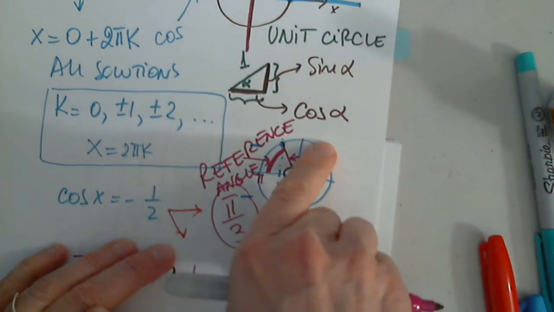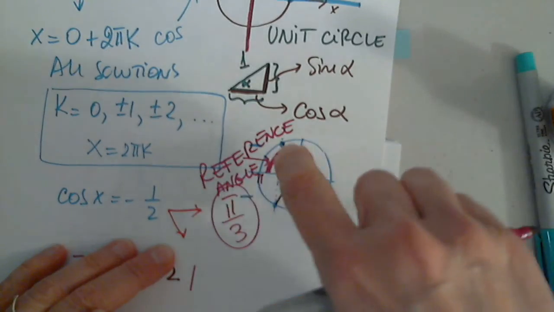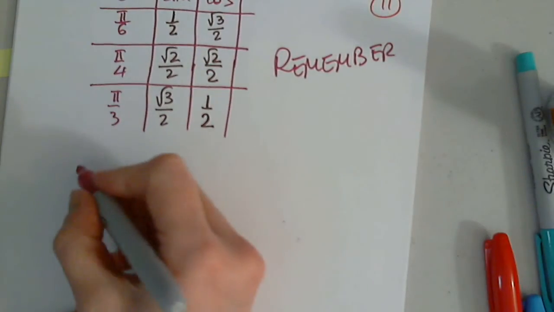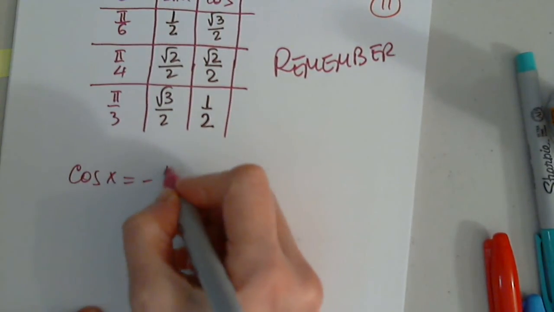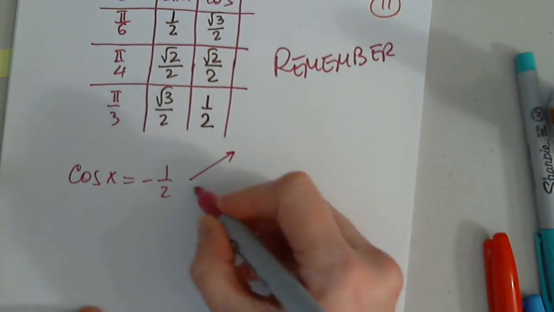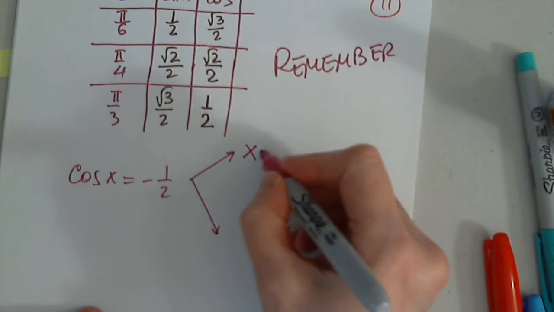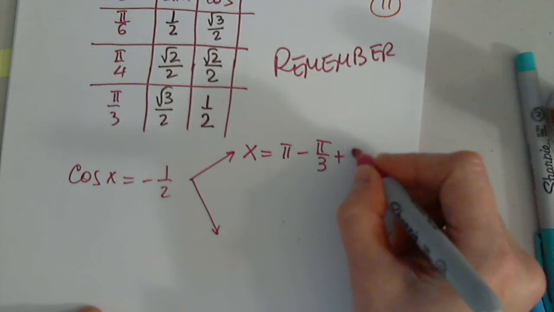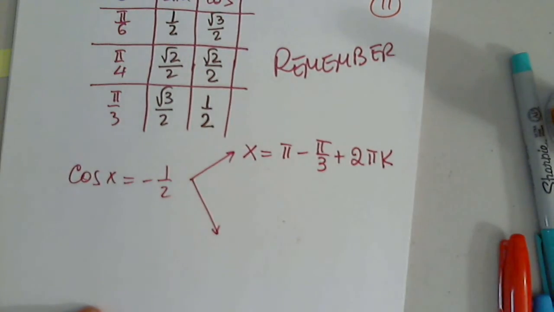Pi minus pi over 3 and pi plus pi over 3. So finally, cosine x equals -1/2 has 2 options. x to be pi minus pi over 3 plus the same thing, 2 pi k.